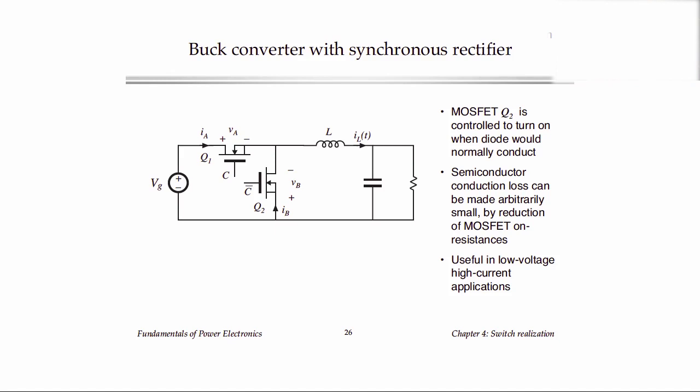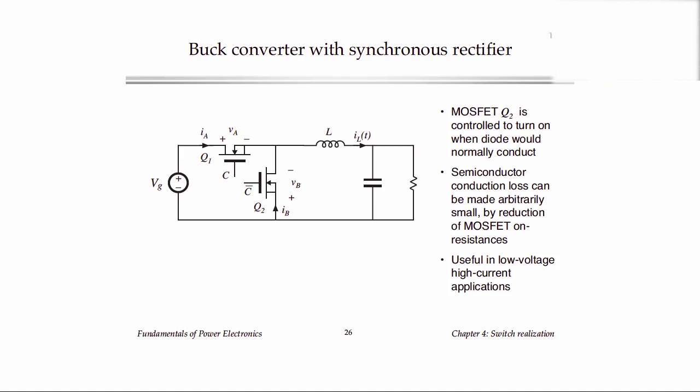So how do we build a converter that can operate with high efficiency and produce such low voltages and high currents? Well, in chapter 3, we looked at modeling these converters, and what we found was that the diode forward voltage drop appeared in our model and was a source of conduction loss.